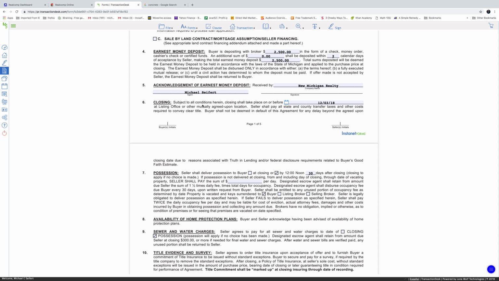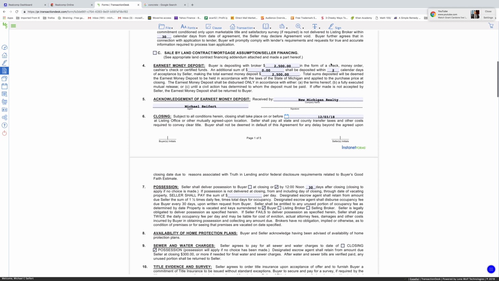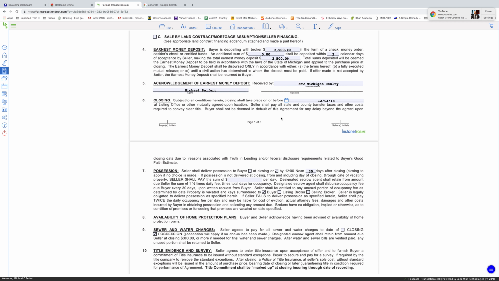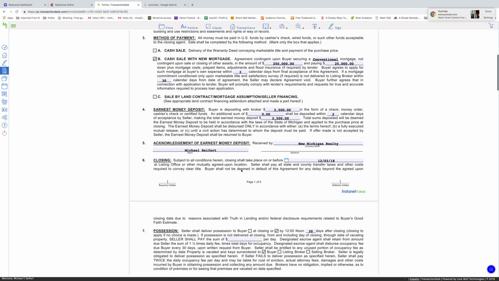Closing, subject to all conditions herein. Closing shall take place on or before November 3rd. So our purchase agreements written up for November 2nd. And excuse me, I said November 3rd. I meant December 3rd. So typically it's 30 days out from the time of acceptance. We always want to go at least 30 days unless it's an FHA or government loan.